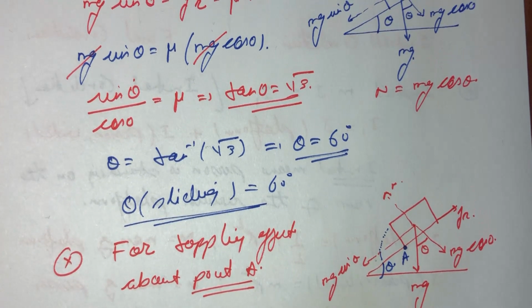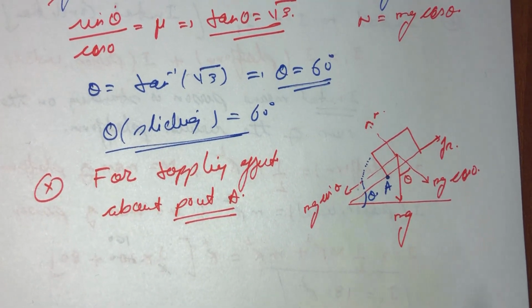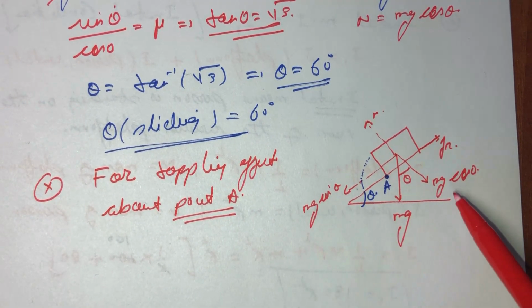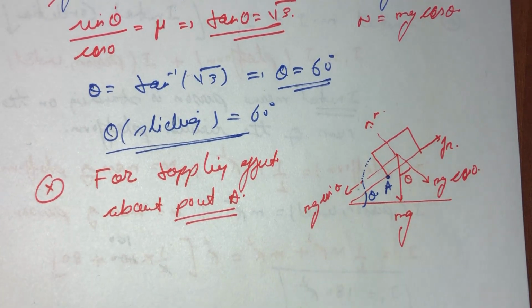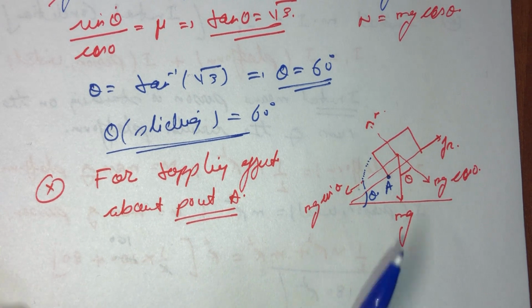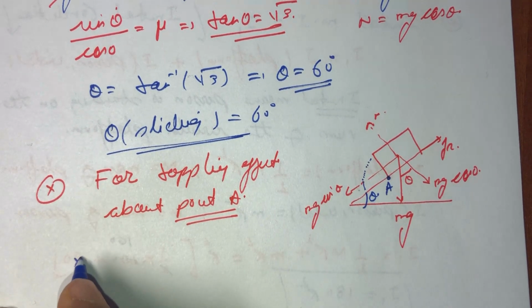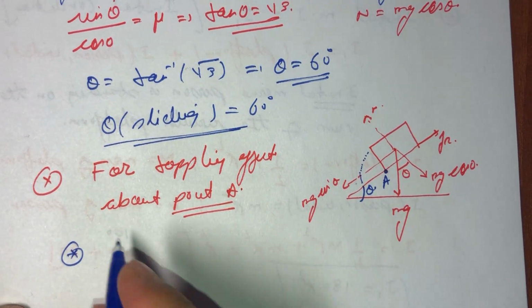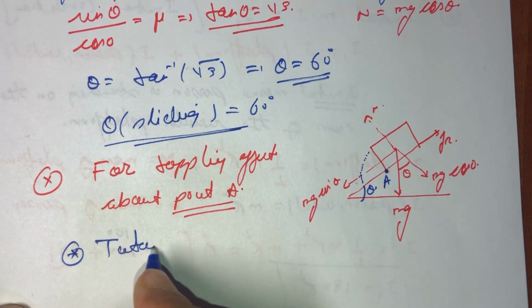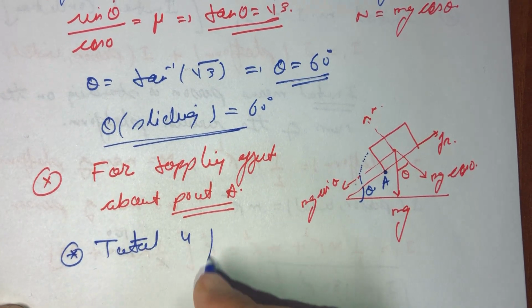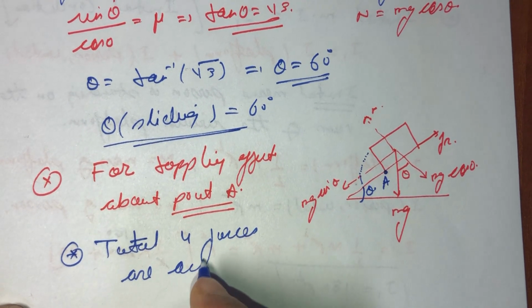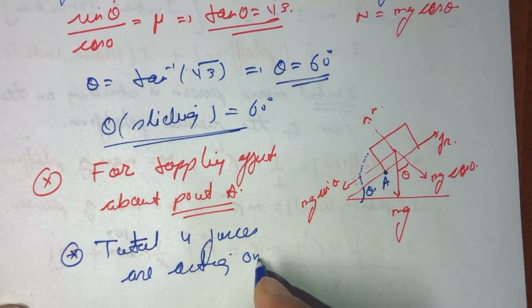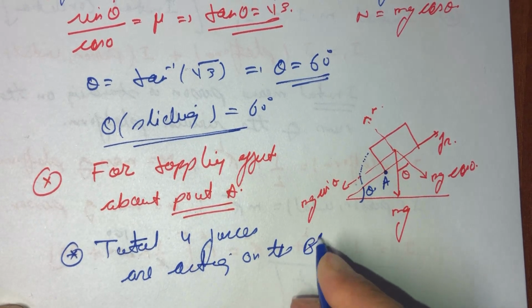Here there are in total 4 forces: mg sine theta, mg cos theta, frictional force, and normal. So a total of 4 forces are acting on the block.